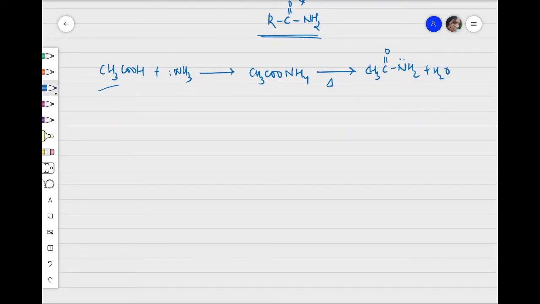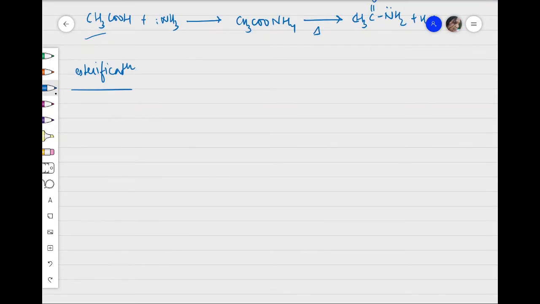Another reaction we have to discuss is esterification. This is a very important reaction because it involves the synthesis of our esters. So here RC double bond O OH will react with an alcohol.